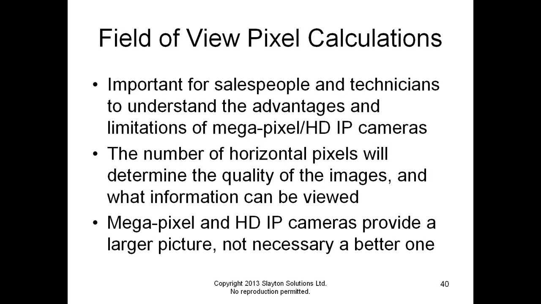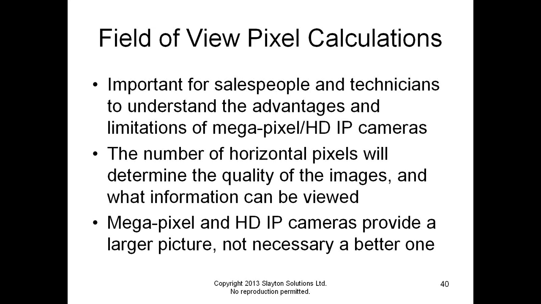Now, the last item that has been added to the curriculum has to do with your field of view and your pixel calculations. Many dealers are not familiar. There's a concept in our business that if you go megapixel or you go HD IP camera, it's just going to be great. I mean, it's one size fits all.